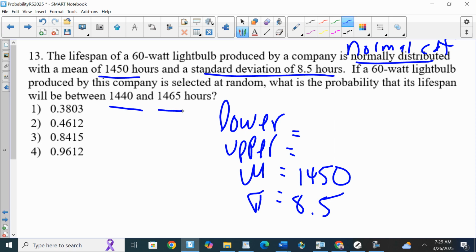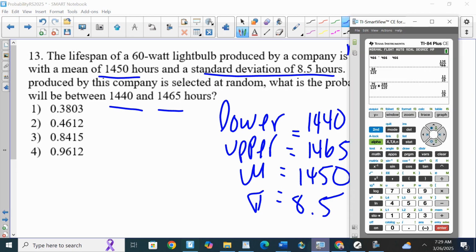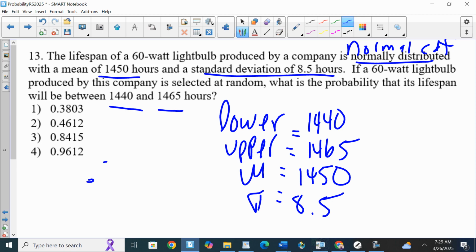Between 1440 and 1465, that's my lower and my upper. I pop that into the calculator. Second vars, option 2, normal CDF. Lower is 1440, upper is 1465, mean is 1450, sigma is 8.5, enter, enter, enter, I get 0.8415, let's just write 0.841 dot dot dot.